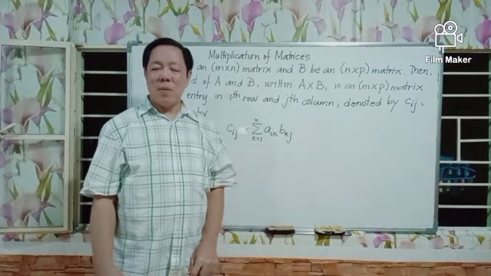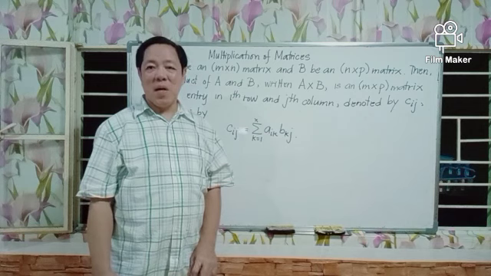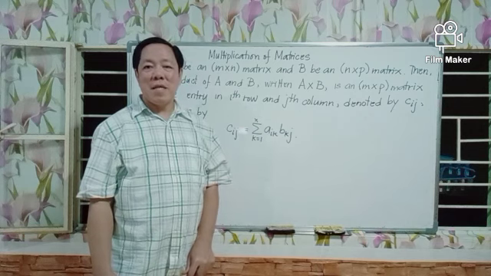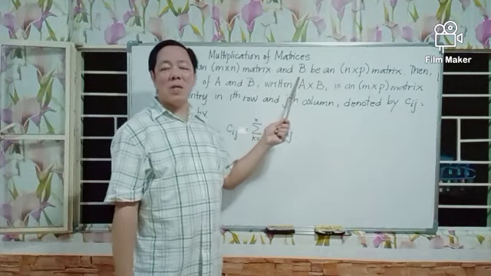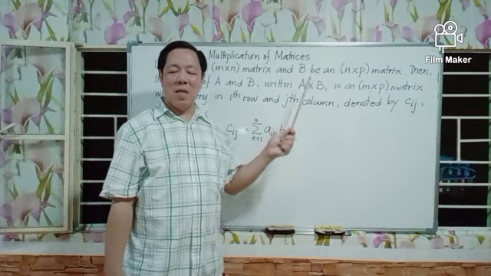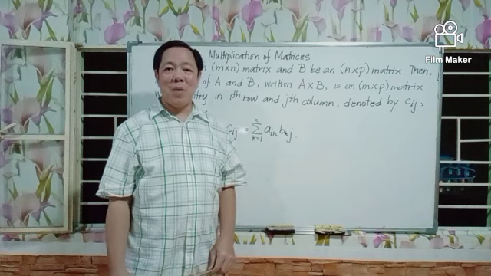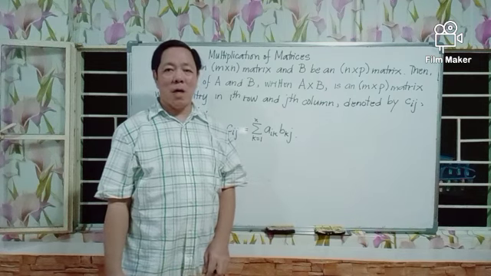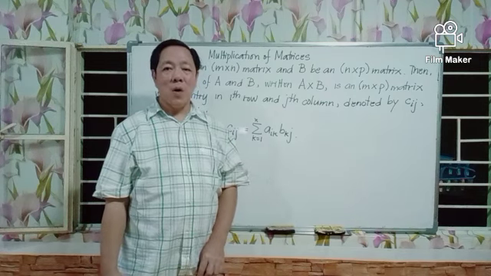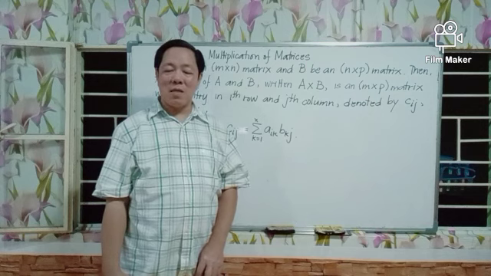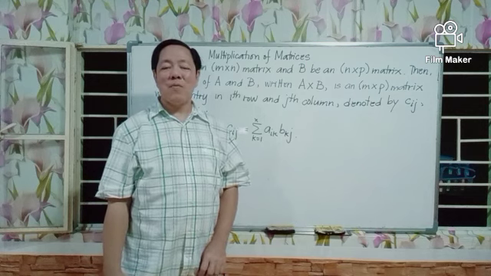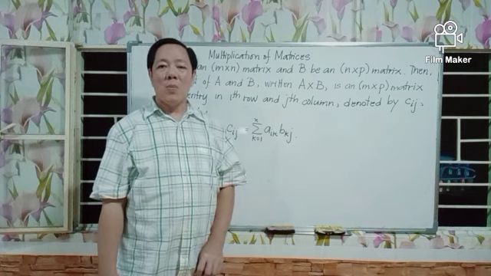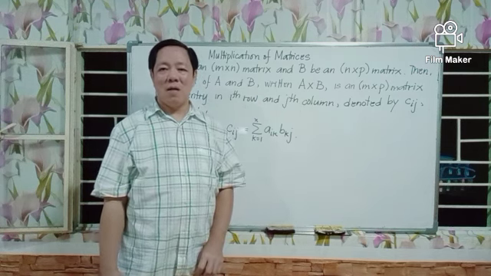For the product AB to be defined, the number of columns of A must be equal to the number of rows of B. And so before you multiply any two matrices, you check if the number of columns of the first matrix in the product is equal to the number of rows of the second matrix in the product.